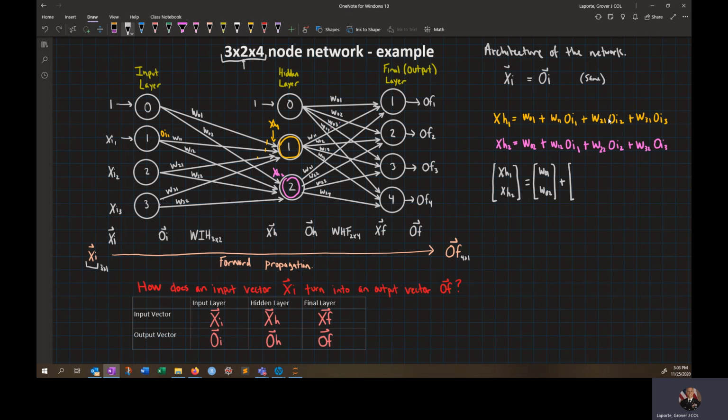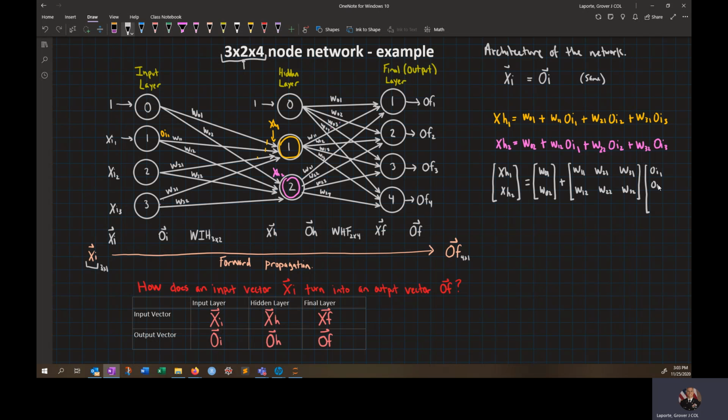Well, it's W11, W21, W31. So it'll be W11, W21, and W31. And then the bottom one would be W12, W22, and W32, all times OI1, OI2, and OI3. So all times this thing.